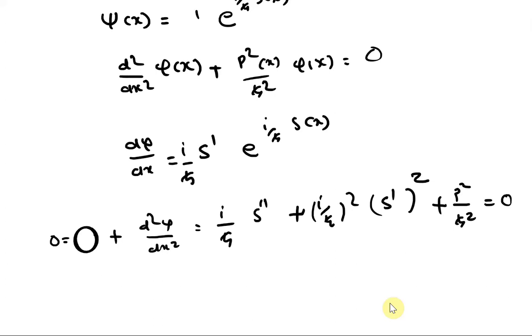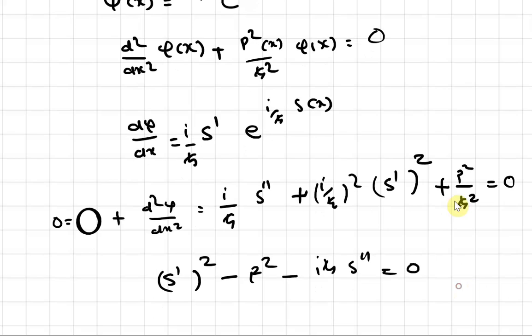That gives you s prime square, which becomes positive now, minus p square, minus i h cross s double prime equal to 0. So this is the expression that I am obtaining.